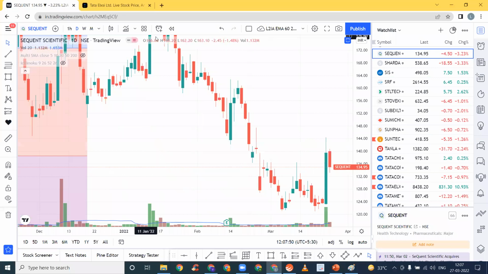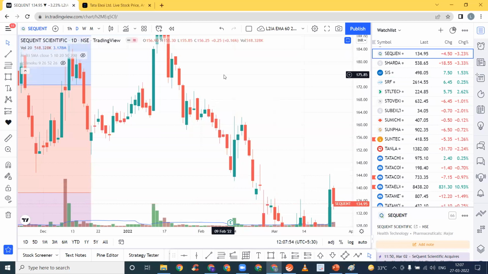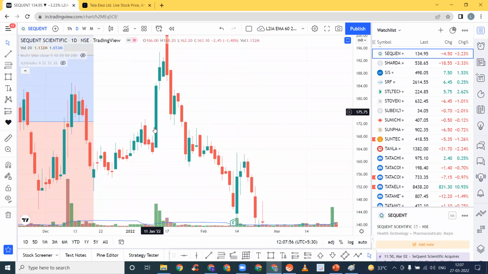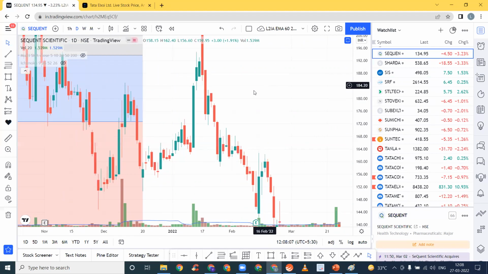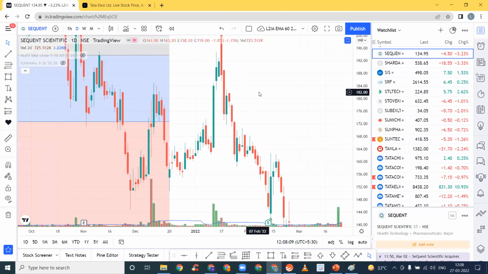See here, a big green candle, a Marubozu kind of candle, a small wick is still here, then small candles, and then a big red candle. Whenever the big candles are there without any wicks, they are called Marubozu.